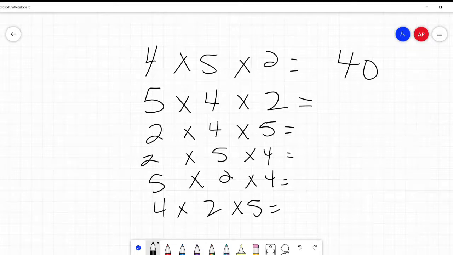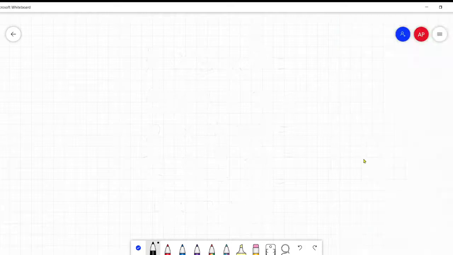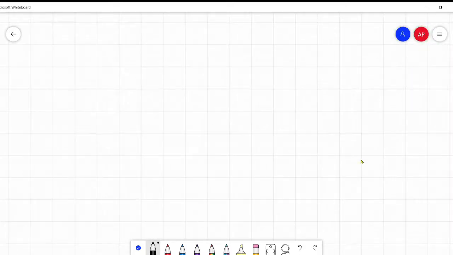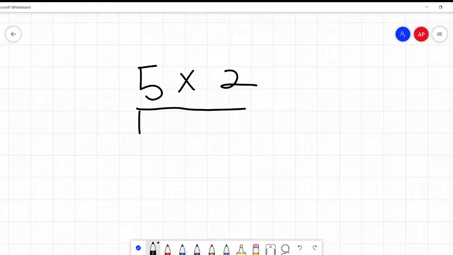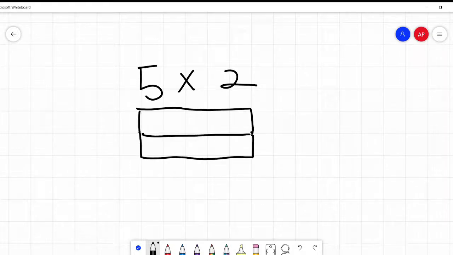Okay, so let's look now at why this is true. Let's picture if I said 5 times 2. I could do this. I'm going to use a little grid that's already on the screen, and this is how I could draw it.